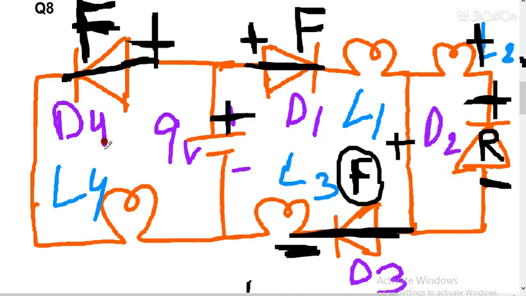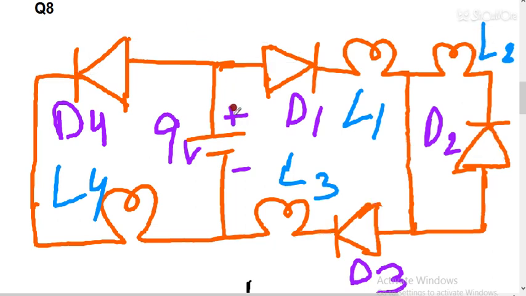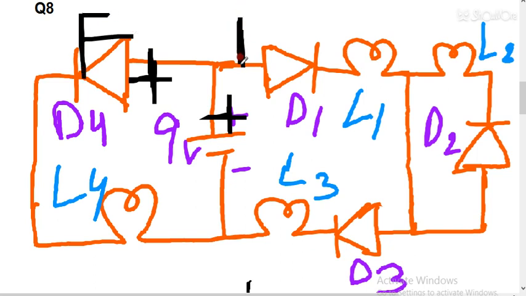I am repeating again, you can listen to me. This is the positive voltage. Some positive voltage will go here, so this diode is forward biased. Some positive voltage will also go to this P side, so this is also forward biased.